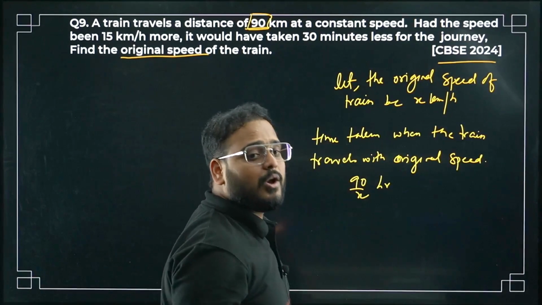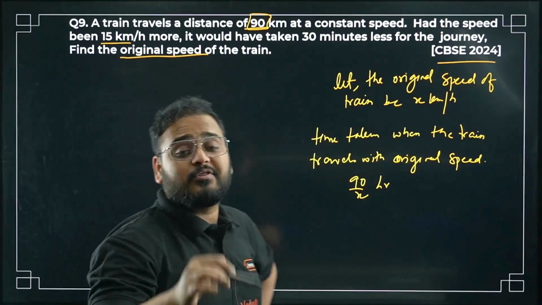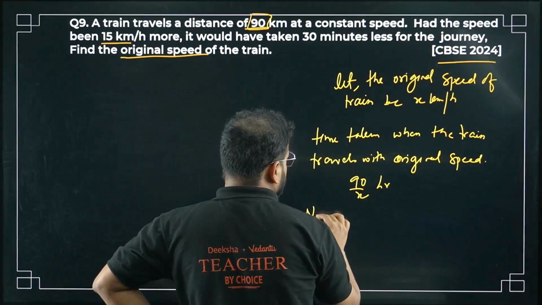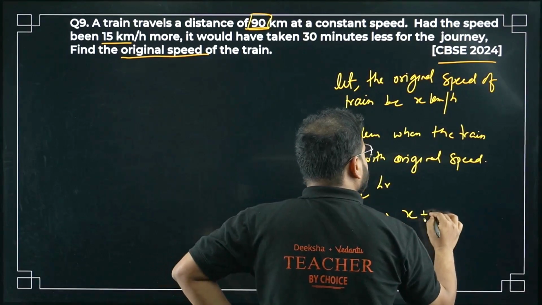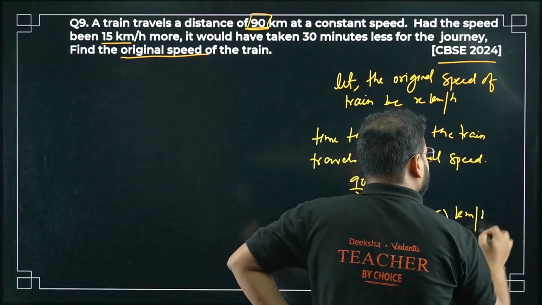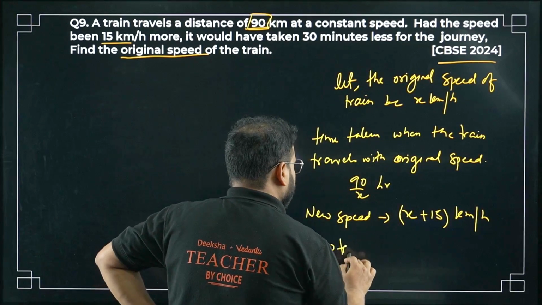Now if you increase the speed by 15, the new speed will be x plus 15 kilometers per hour. What is the new time taken?